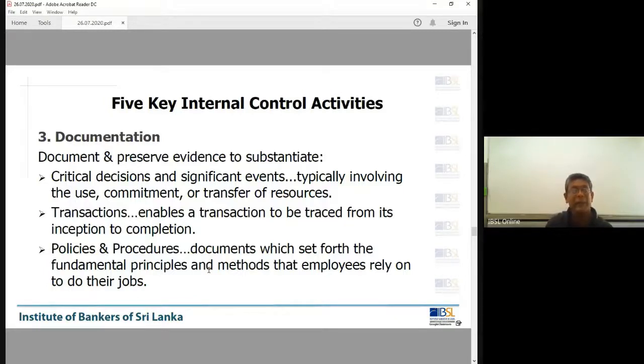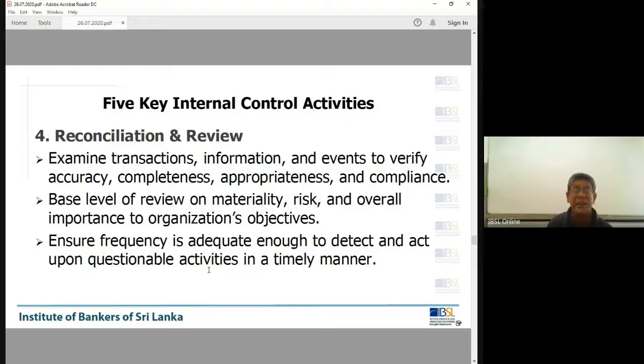Fourth one, reconciliations and review. You need some way to find where we have gone wrong. For reconciliations also, we need internal control. Bank reconciliations. That is why you are given passwords sometimes, to see who has done this wrong and to identify the person concerned.